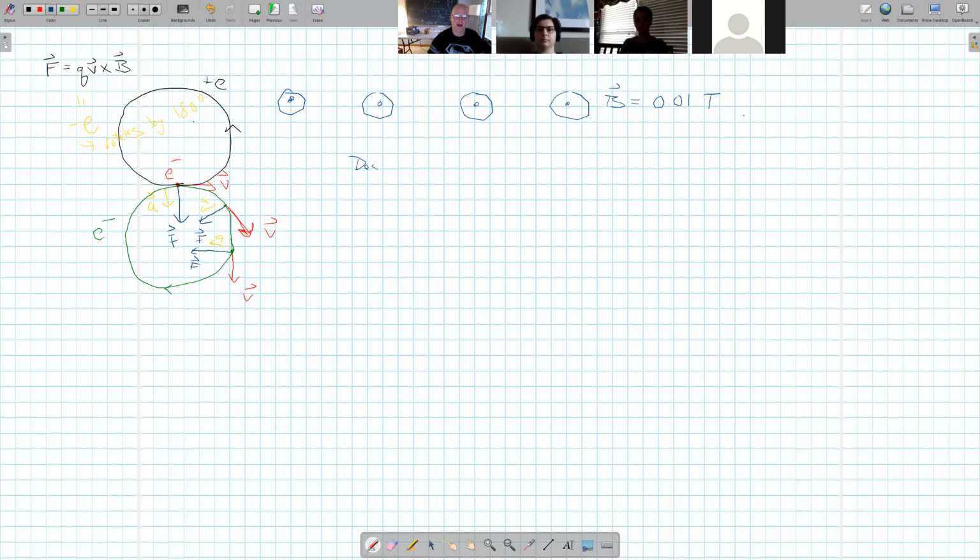So the description of the path is that the electron undergoes uniform circular motion.